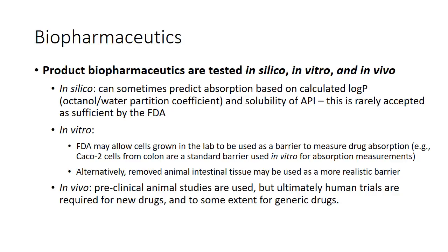So in silico, again, we can sometimes predict the absorption based on calculated log P or the octanol water partition coefficient and solubility of the API. Again, that's rarely accepted alone by the FDA, but we can just use computer-based models to determine what would the solubility be of this API in this formulation.